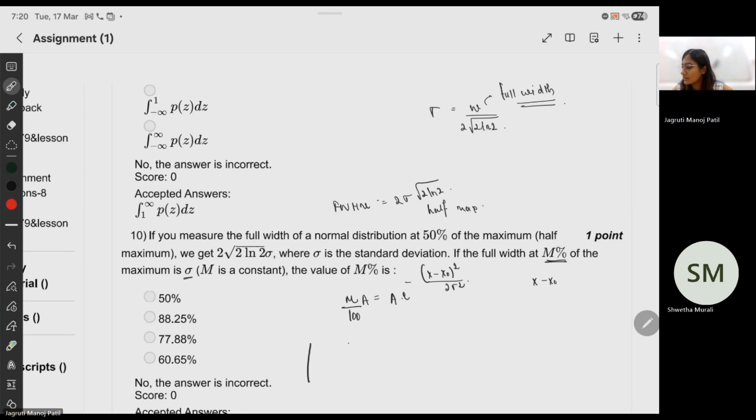So if you're saying like this, was x minus x naught the entire width or width by half? That was half width, right? Yeah, if we are able to add in this term there, then we can utilize this there. Okay.